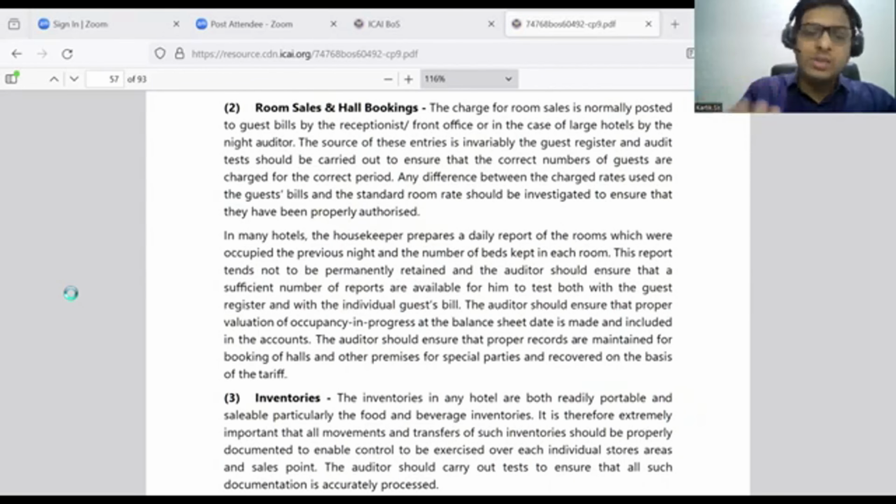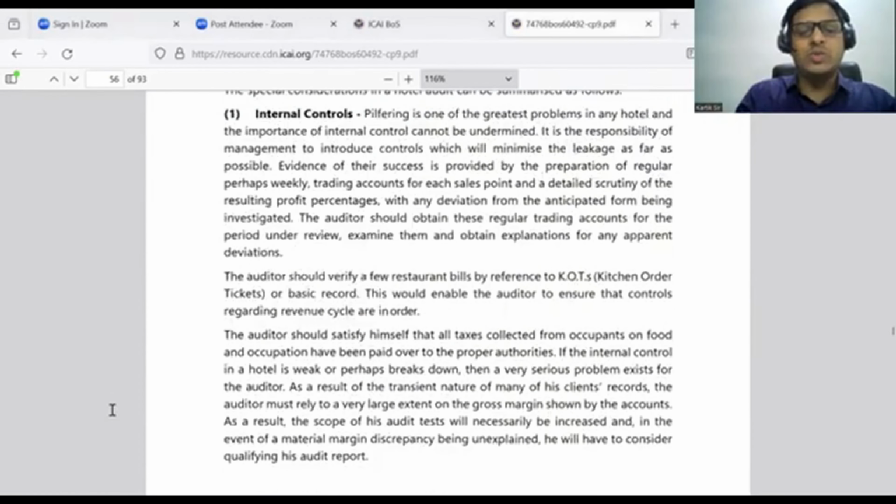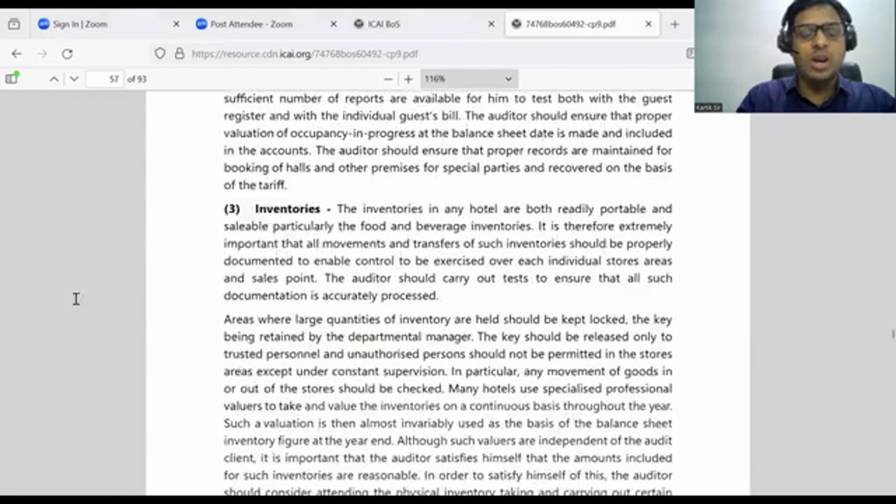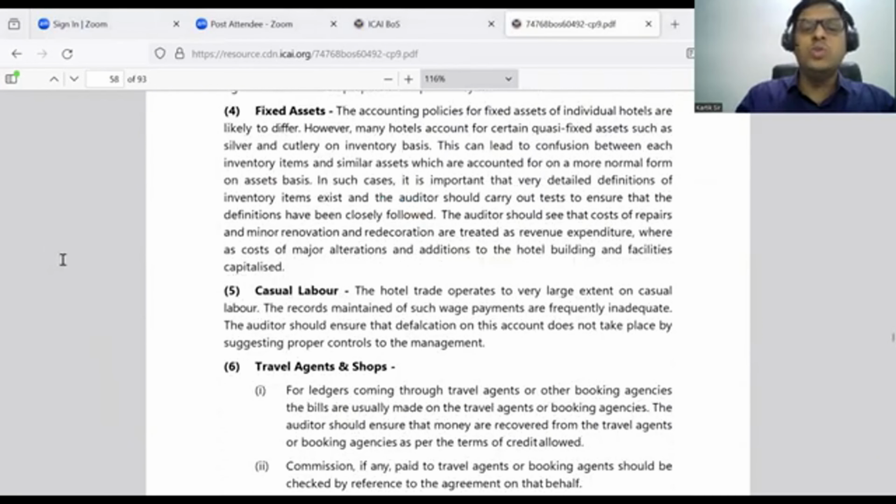Now a precursor to this was something called your fixed asset. When you enter the hotel, you saw the big hotel building. So that is a fixed asset. And when you're walking towards the reception, in the trolley you can see the gold and silver cutlery which is going. That is called quasi fixed assets. Okay?